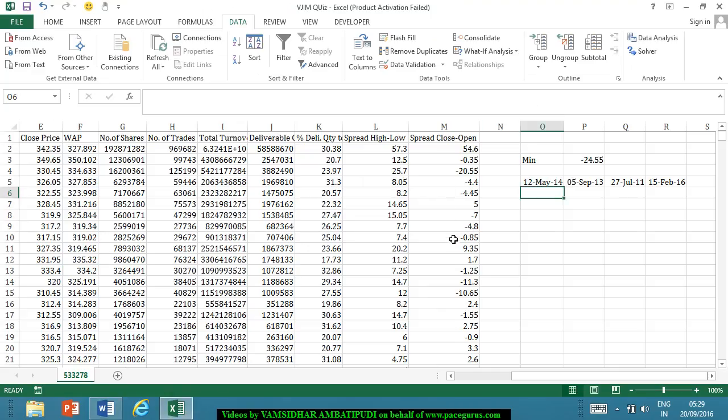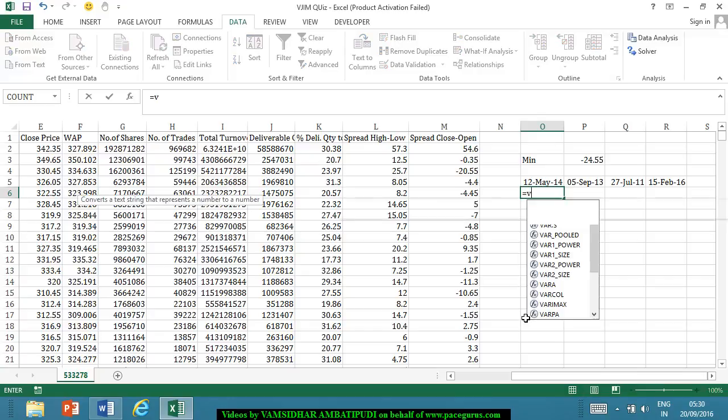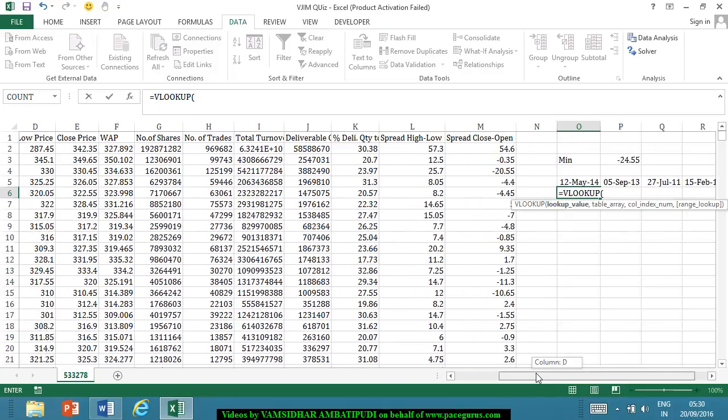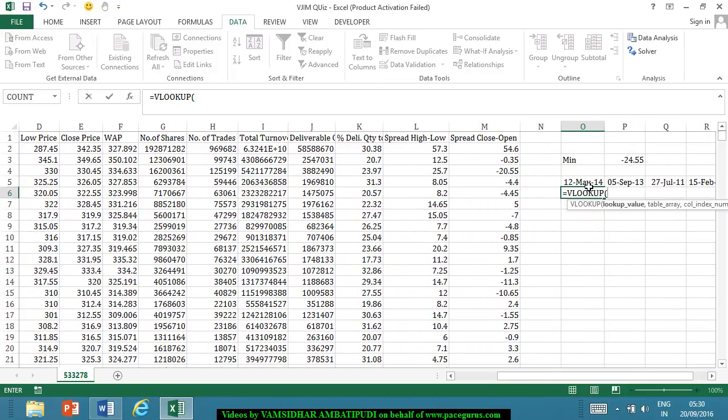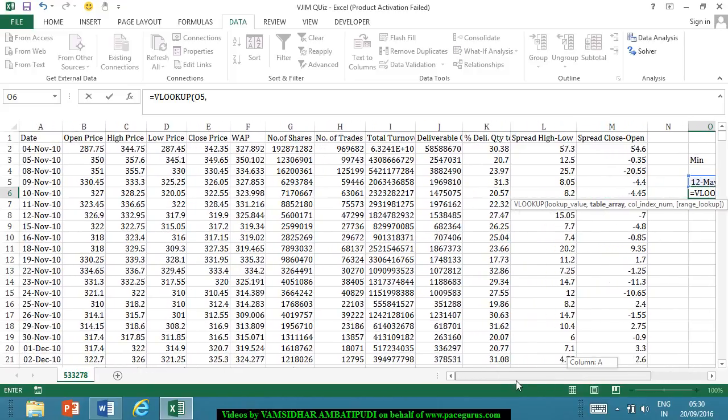So I can take this daily return here, within the day what was the change, and I want to find out which of these days is having the lowest return. So I could do a VLOOKUP wherein I'm looking up this particular date within this particular region.